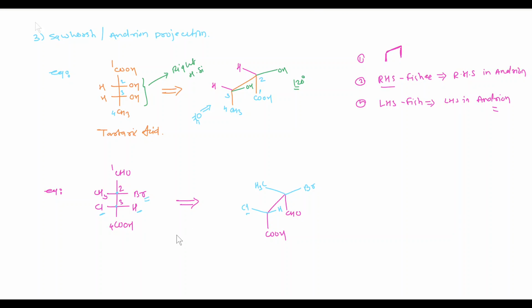The fourth type of projection formula is the Newman projection formula. Basically, in this representation, the molecule is viewed along the axis joining the two carbon atoms, and the two overlapping carbon atoms are shown as a circle.